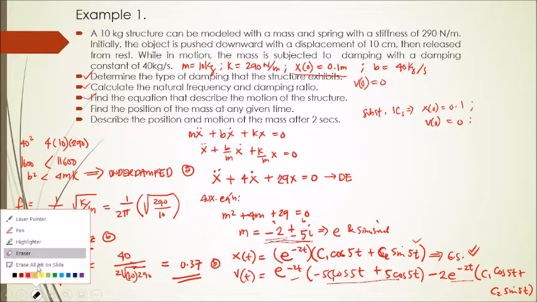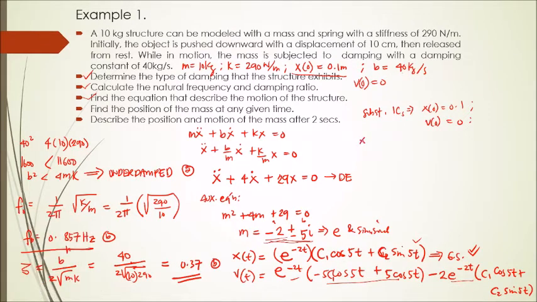Now for x, we have 0.1 ang atong displacement kanino, equal to e to the 0 times C1 times 1 plus C2 times 0. So we will have C1 is equal to 0.1.